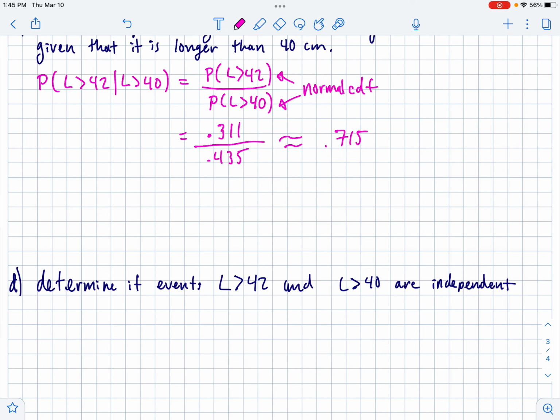Last part, determine if events L being bigger than 42 and L being bigger than 40 are independent. There are 2 ways to show that things are independent.